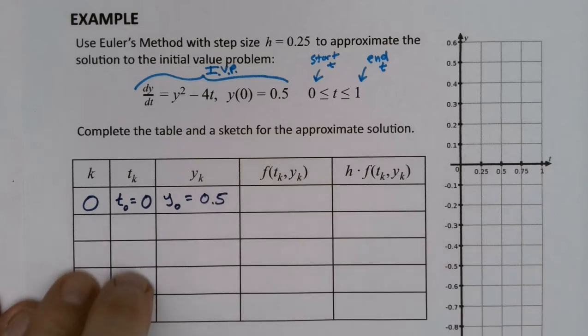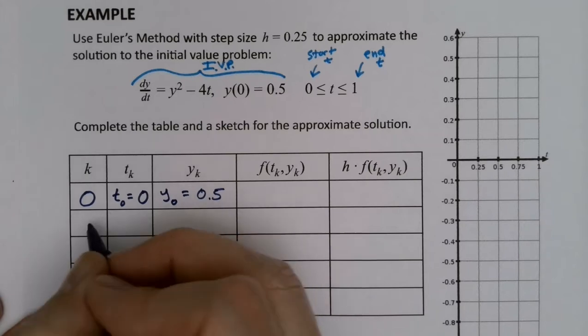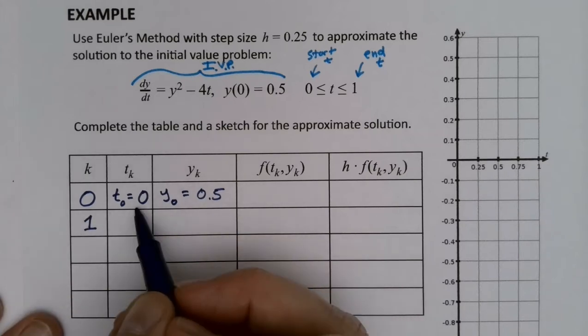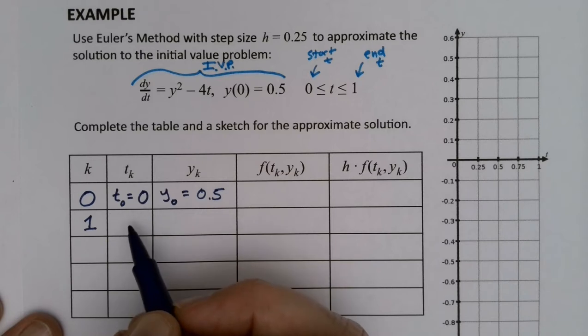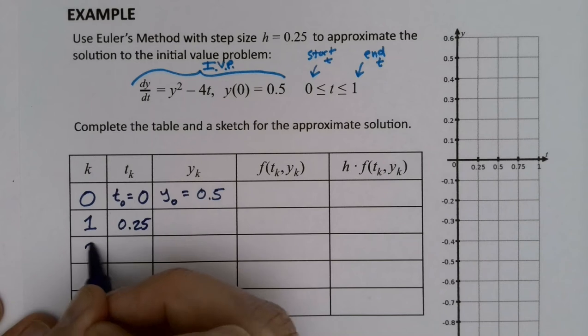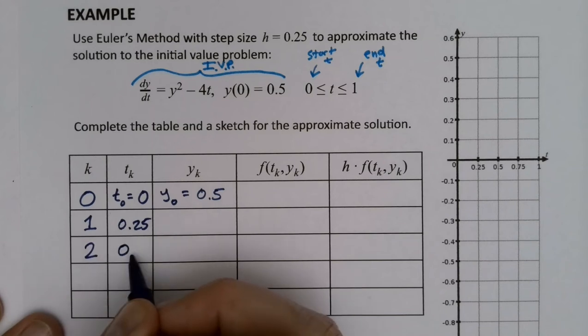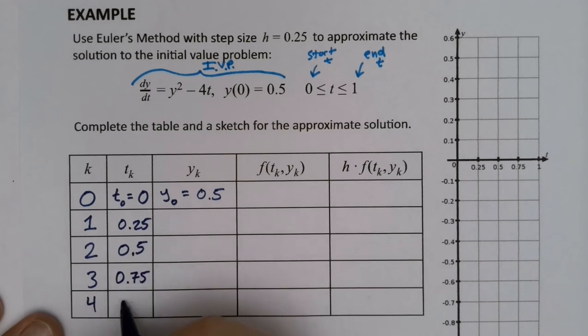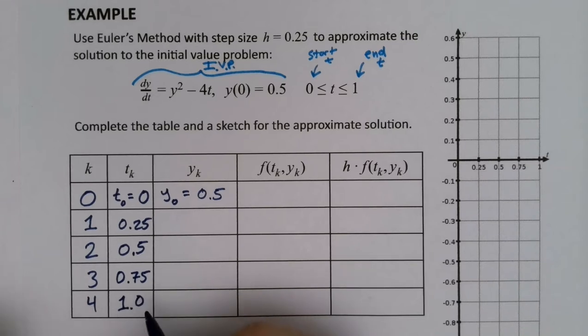And for the rest of these 2 columns, it's actually pretty easy to fill in because after 1 step, your new t value is going to be where you were before, plus your step size of 0.25. So this is going to be 0.25. And after 2 steps, it's going to be another 0.25. And after 3 steps, it's going to be another 0.25. And after 4 steps, you're now at 1, or 1.0 if you want to call it 1.0.